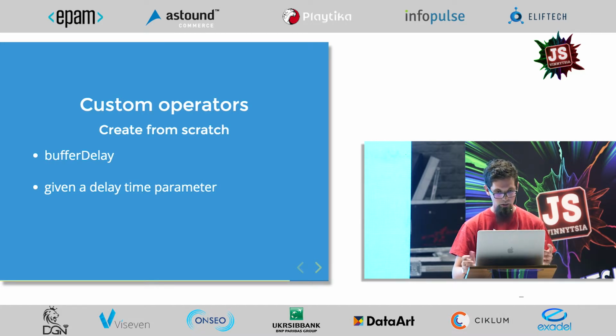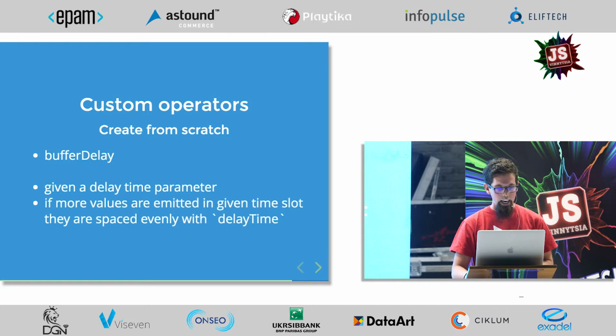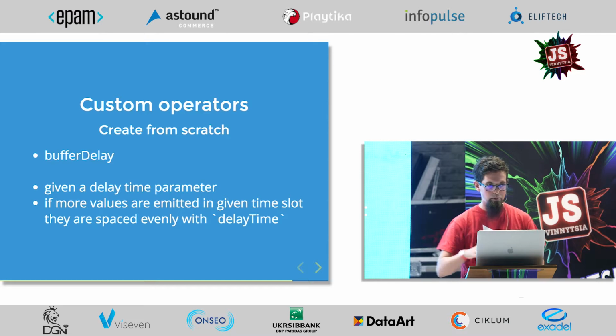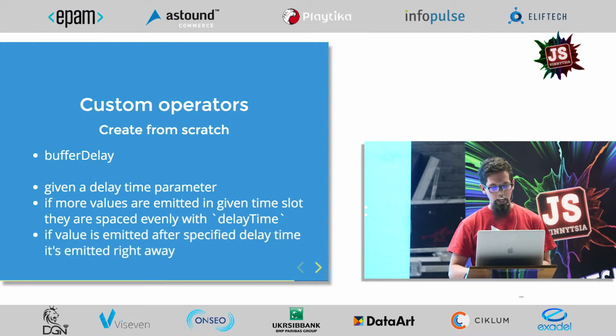So it will be a number of milliseconds. And if in the given time more values are emitted, they will be buffered and evenly emitted with the delay time between them. And if the value is emitted after a specified delay time, it will be emitted right away because we don't need to buffer.